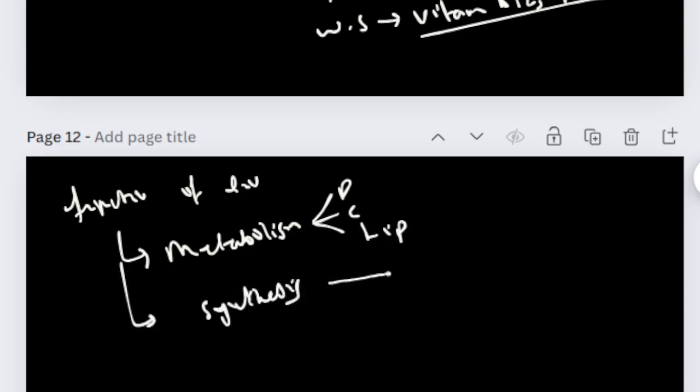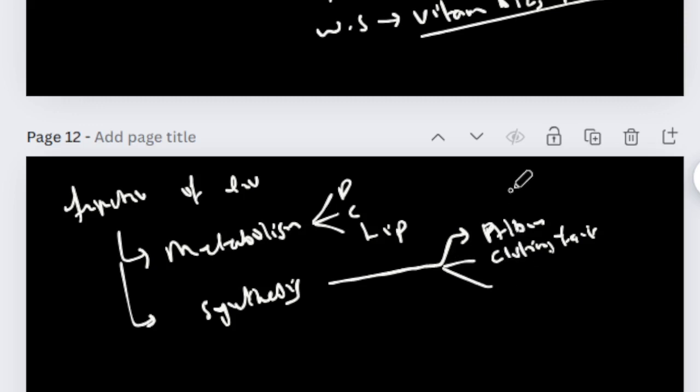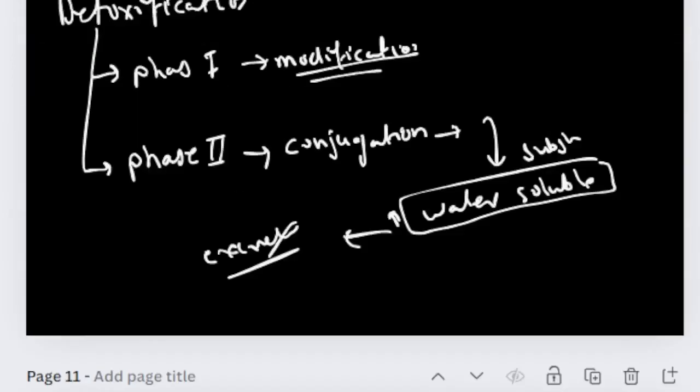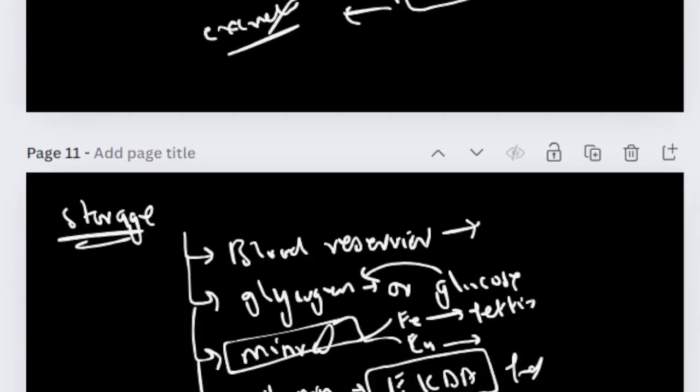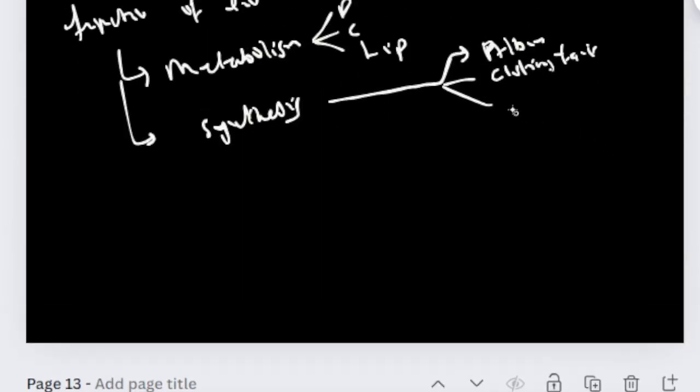In the synthesis there are many things that happen: albumin, clotting factors, and also immune proteins. For example, the immune protein, what is that? It is the complement protein. Okay, immune protein complement. This is the synthesis.